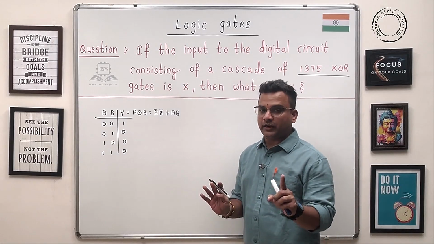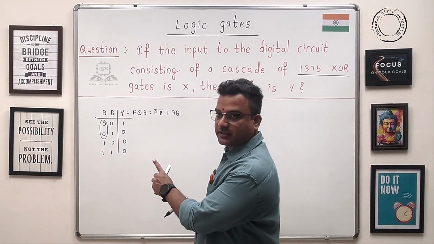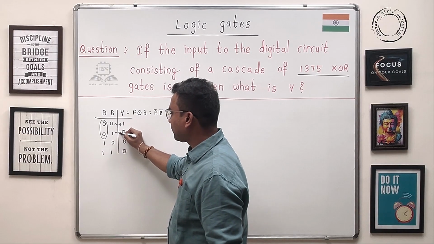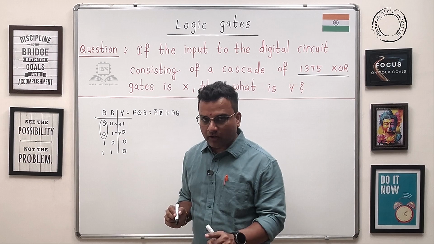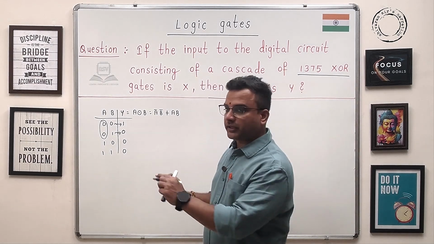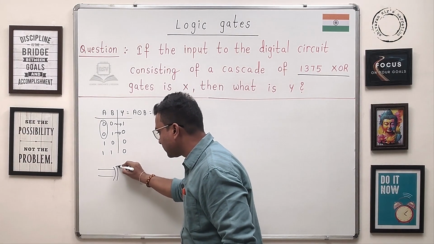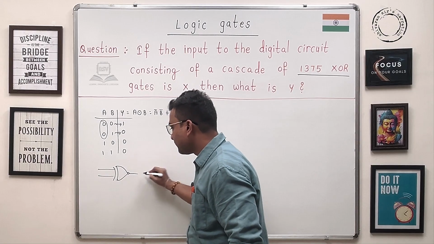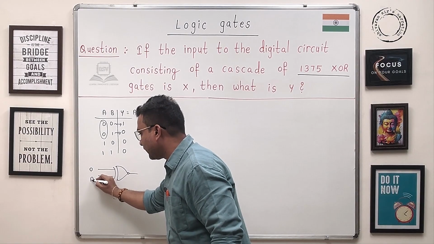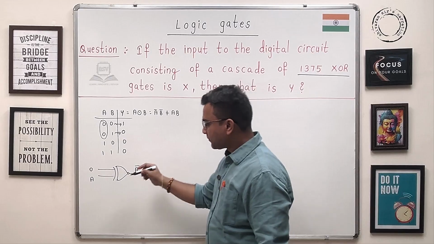From this, what you can understand is when one of the inputs is logic 0, then output is the complement of the other input. Meaning the XNOR gate can be used as an inverter when one of the inputs is logic 0. Let's consider this is an XNOR gate, and if one of the inputs is logic 0, then output is A bar, an inverter.